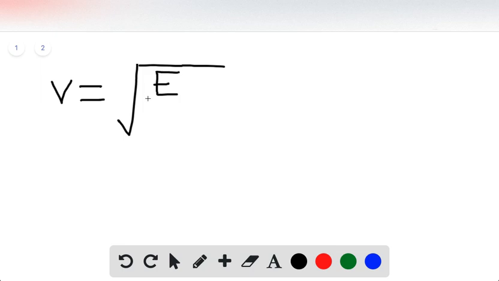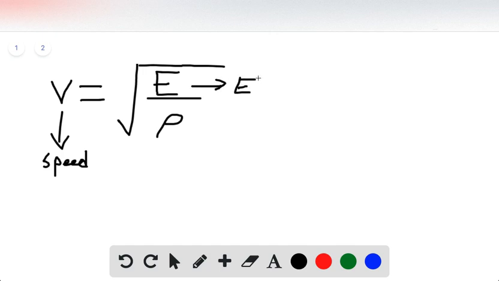Okay, the first one is v equals square root of E over rho. This is relating the speed of the wave, the elasticity E, or elastic modulus, and rho, which is the density.